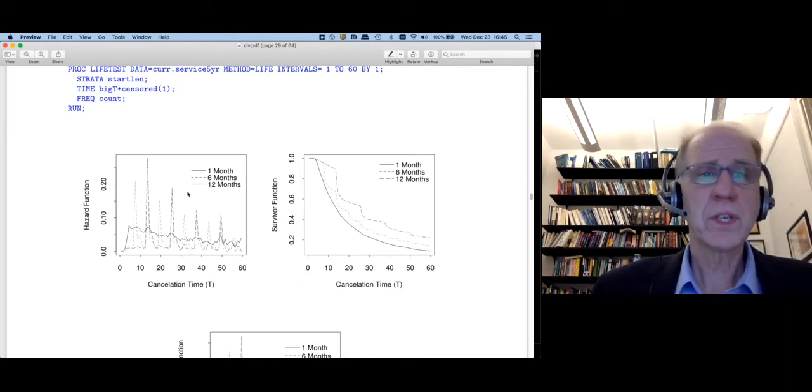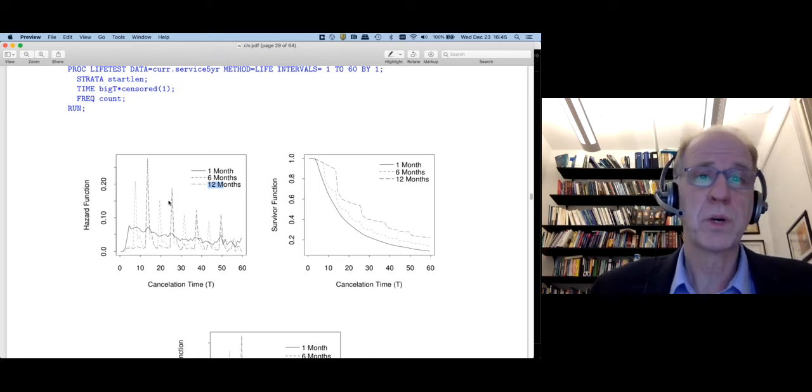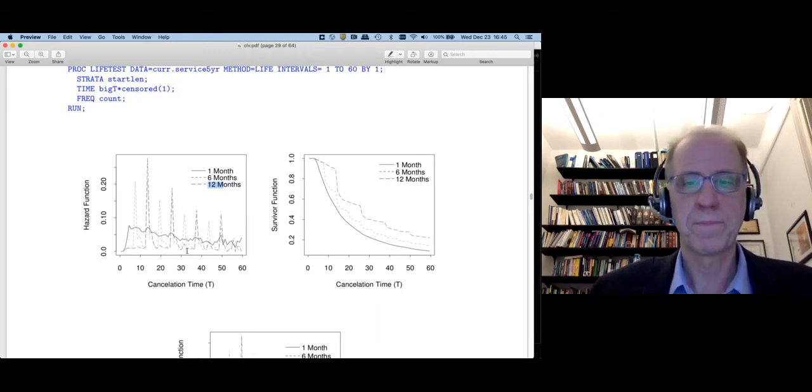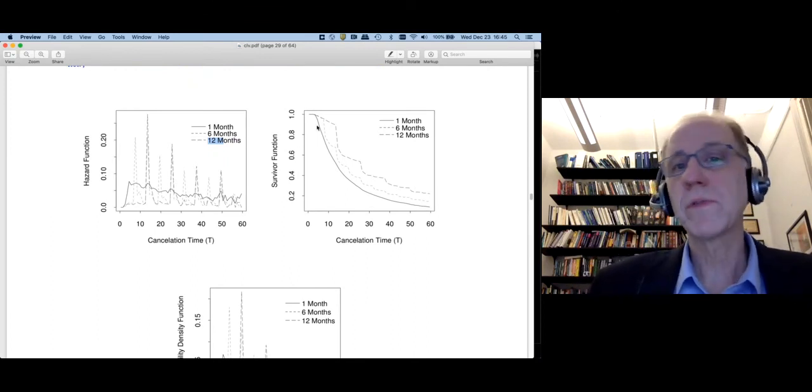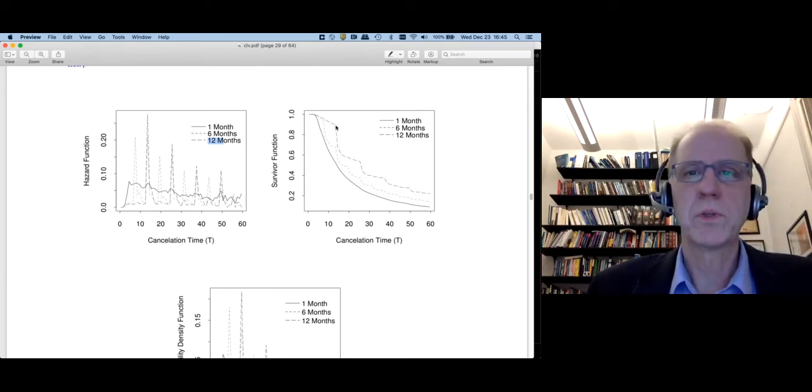The pattern for 6-month, though, is quite different. So you get a spike after 6 months, then after 12, after 18, after 24, and so forth. Whereas those on 12-month contracts tend to stay in 12-month contracts. You get a spike after 12, 24, 36, but you don't get a spike here at 6 months, 18 months, 30 months, and so forth. I think the survivor function may be even clearer, where you do a much better job of holding on to the 12-month people, and then as soon as month 12 hits, the floor drops out.